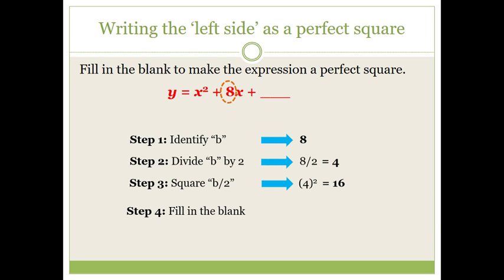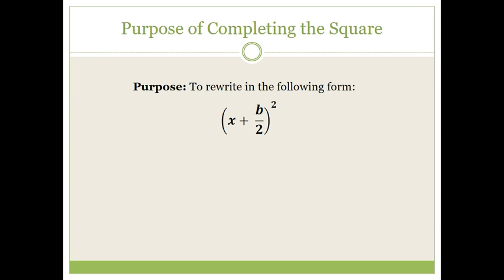Now we can go ahead after we add the 16 to both sides, and like we did in this case, the next step would be to write that left side as a perfect square. So let's see what I mean by that. We want to write it in this form. So we have x plus b over 2, squared. And remember that b over 2 is that middle term just cut in half.